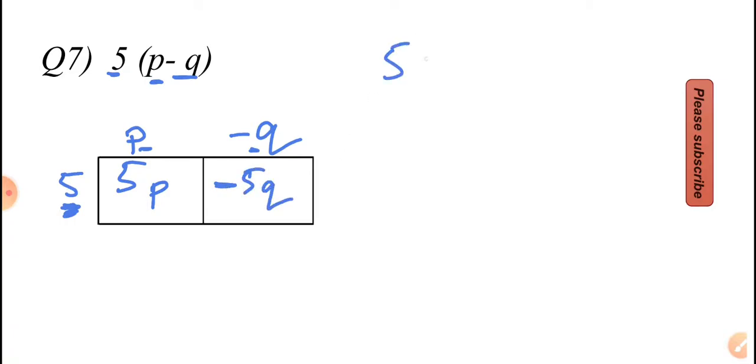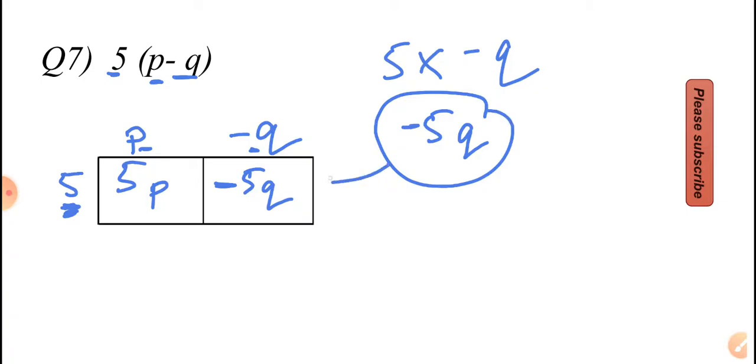So just to explain that in a bit more detail, 5 times minus q, if it was just 5 times q, I would just write 5q. But because it's 5 times minus q, whenever you multiply by a negative number, the whole answer becomes negative. So that's why I've got minus 5q here.